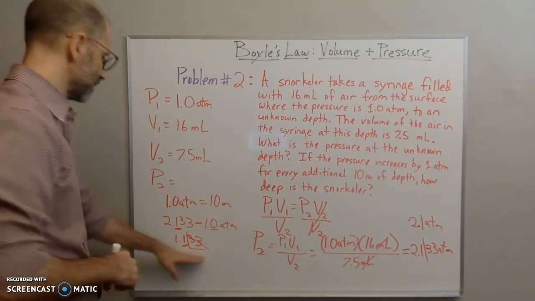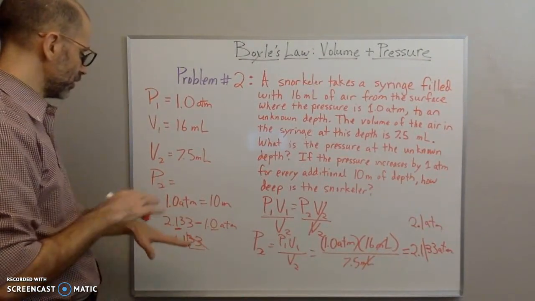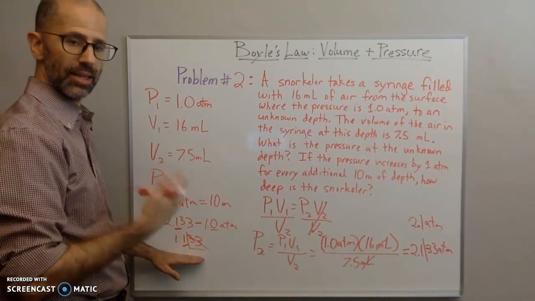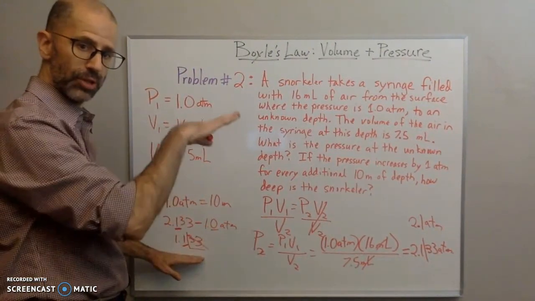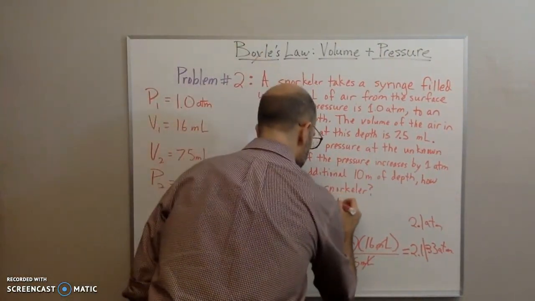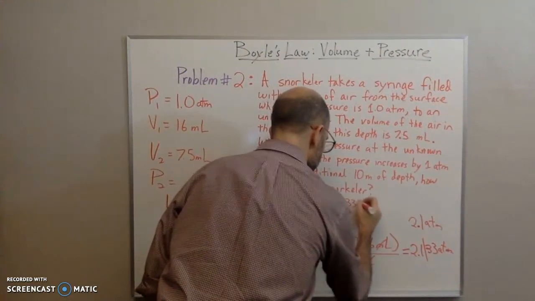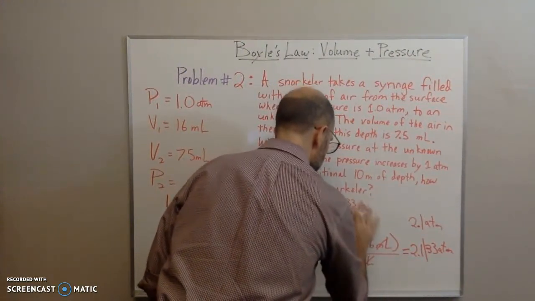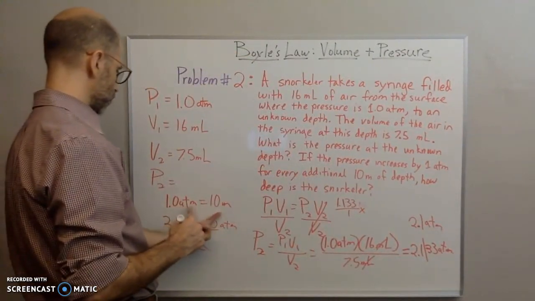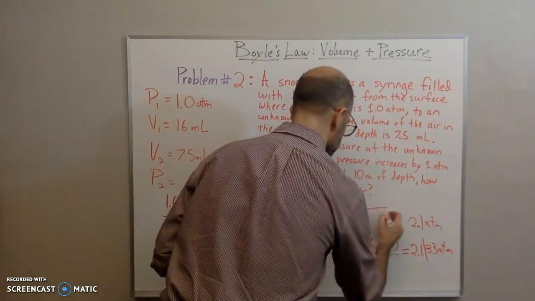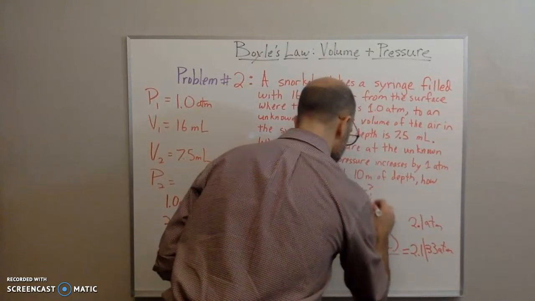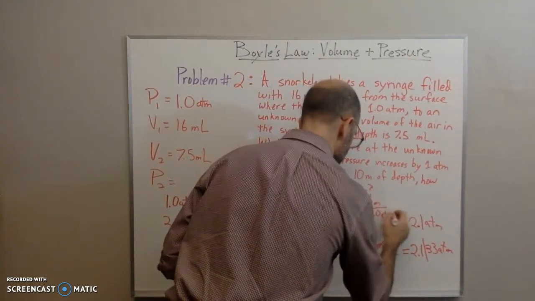So now that's the difference in the pressure. Now I can find the difference in the depth that I've gone from the surface to wherever my unknown depth is. So I have 1.133 atmospheres over 1, and I'm going to multiply that by the conversion factor, 1 atmosphere is equal to 10 meters. So I'm going to put the 1.0 atmosphere on the bottom, 10 meters on top.